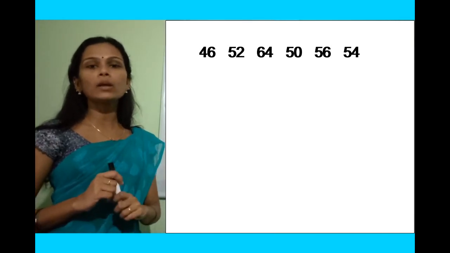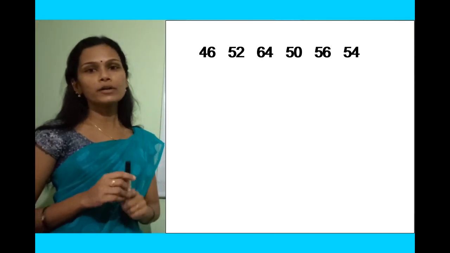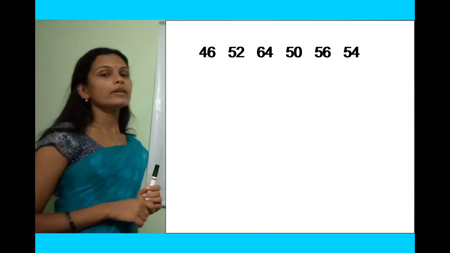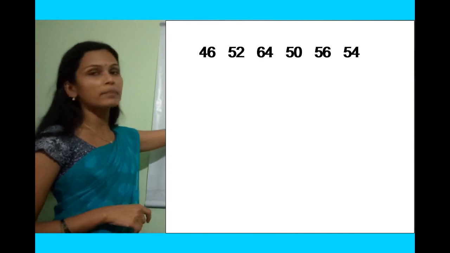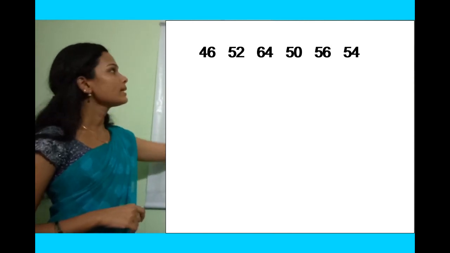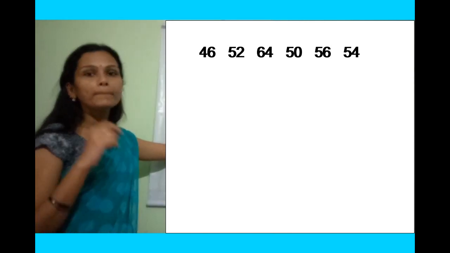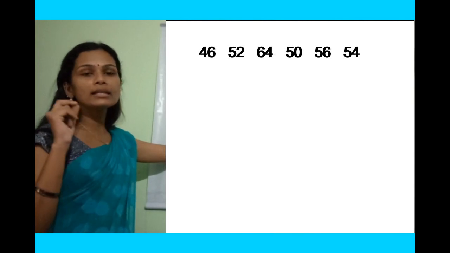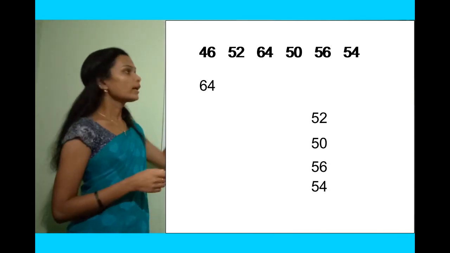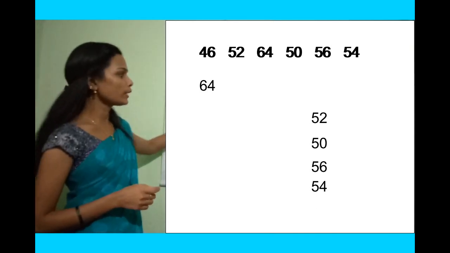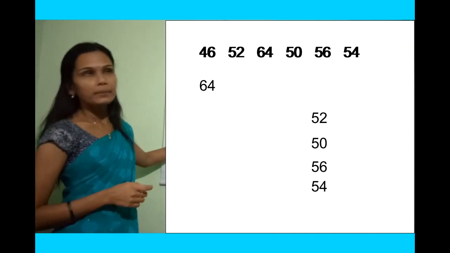So we have to find out the bigger number first. When we compare the first digit of all the given numbers, we find that 64 is the bigger number. So we have to write 64 first. Now let us compare these 4 numbers and find out the bigger one.